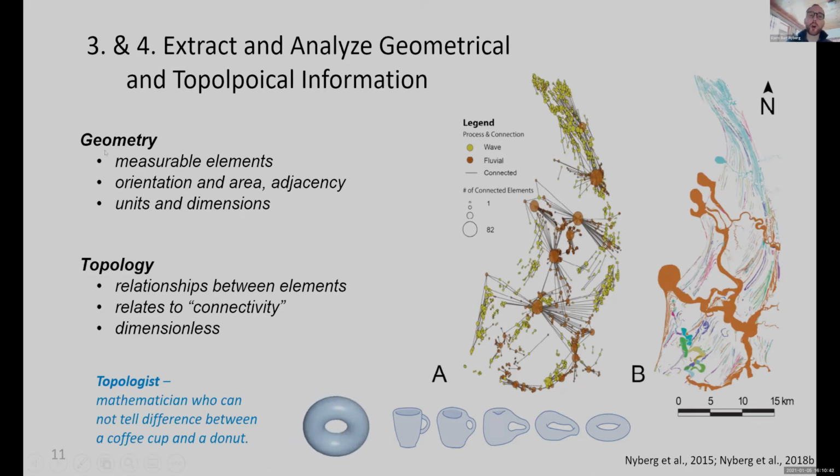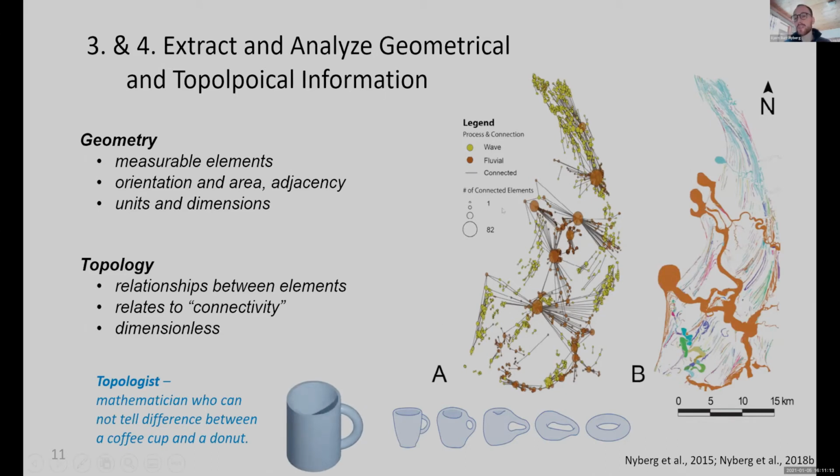So when I'm talking about geometry, I'm talking about measurable elements: the orientation, area, and the adjacency or the perimeter that one object shares with another. So these are in terms of units and dimensions. Whereas topology is more about the relationship: what is the relation that this particular element is connected to this geometry, and so forth.